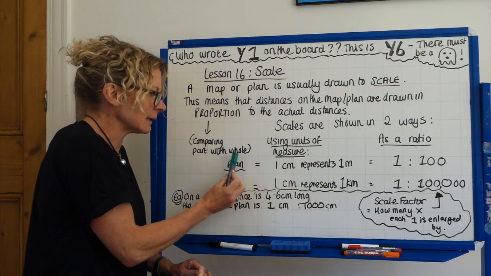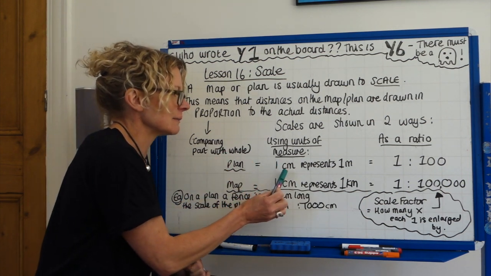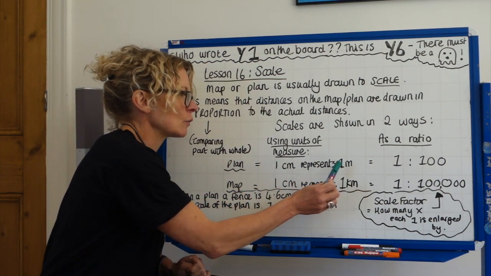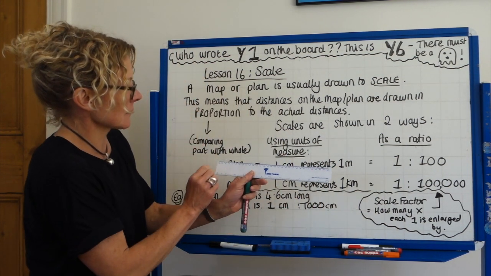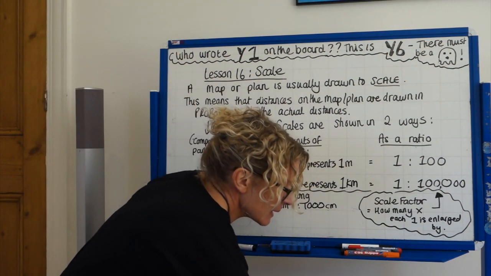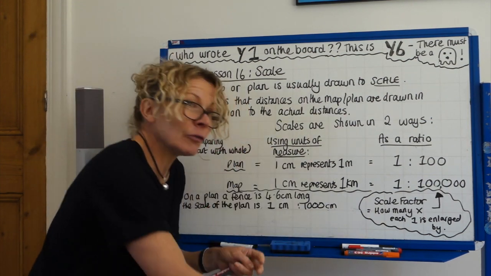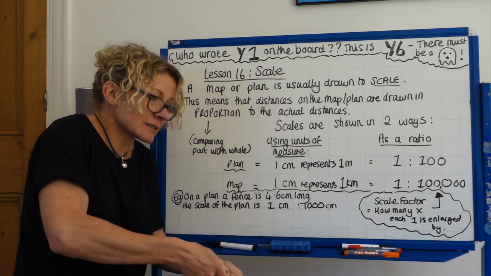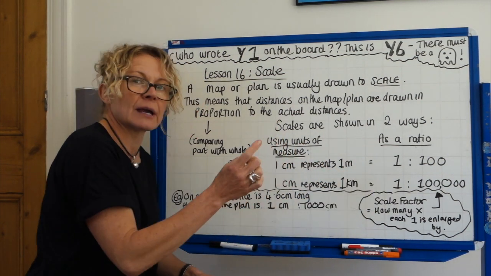So on a plan of a building extension or a new house, 1 centimetre could represent 1 metre. So for every 1 centimetre, just to there, on a piece of paper this big, on the ground for the builder to start digging out the foundations, that would represent 1 metre, okay?